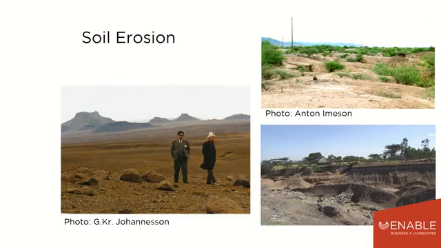Together with lack of vegetation cover, soil erosion is one of the most visible signs of severe land degradation and poor land condition.